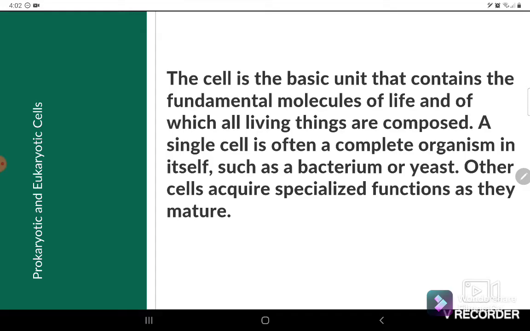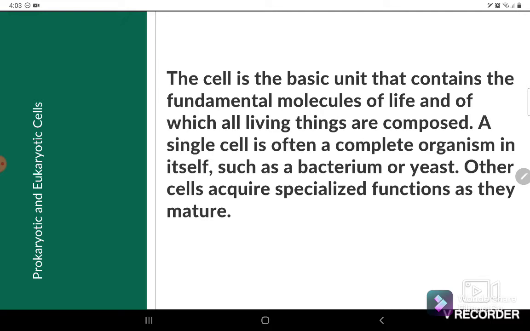A single cell is often a complete organism in itself, such as a bacterium or yeast. A single-cell organism, we can call a unicellular organism. Now, other cells acquire specialized functions as they mature.